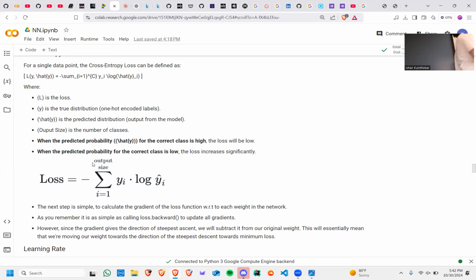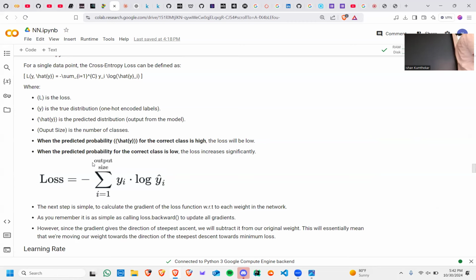Now, why is this the case? Let's take an example where you just have 2 classes, 0 and 1. That's how we classify them. If you're predicting correctly, imagine that this is the true output and this is the predicted output. If you have 0 right here, it won't matter whatever this is. So if you have 0 predicted correctly, and if you have 1 as the true output, you will have 0.